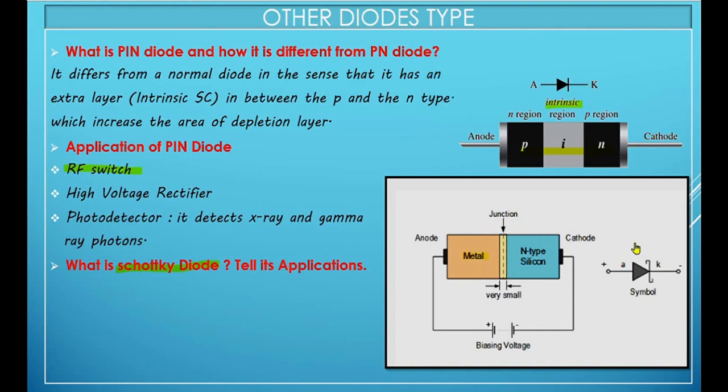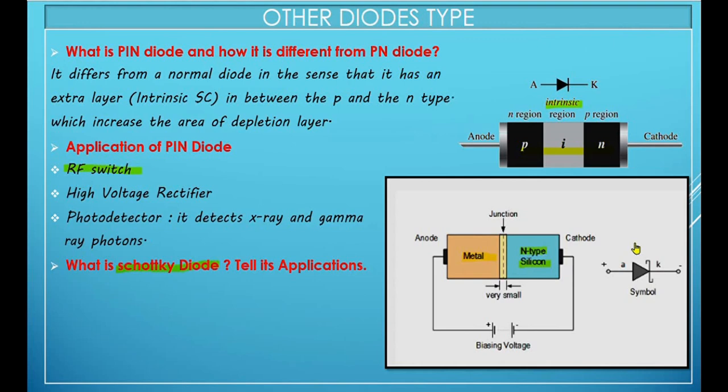The next type of diode is the Schottky diode. The Schottky diode is also called a metal semiconductor diode. Instead of p-type semiconductor, it has a metal. It has a metal and n-type semiconductor. It has only one type of charge, that is electron. So in a Schottky diode, there are no minority carriers, so there is no transition capacitance.